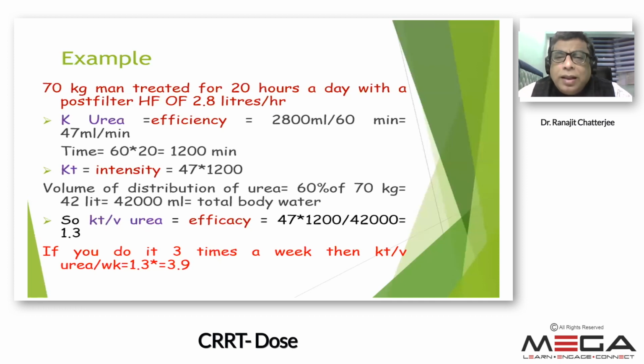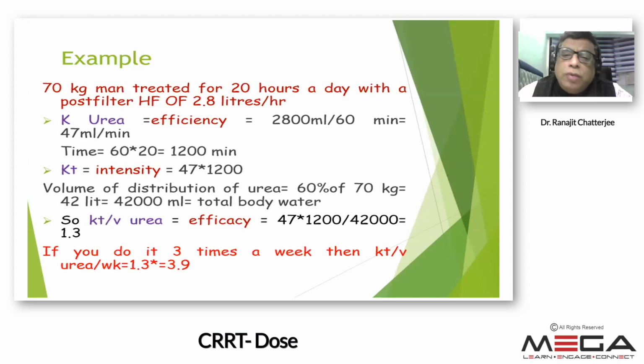So per minute is 2800 divided by 60, that is 47 ml per minute. Now it is done for 20 hours, so 60 times 20 is 1200 minutes. So the intensity is 47 ml per minute times 1200 minutes.